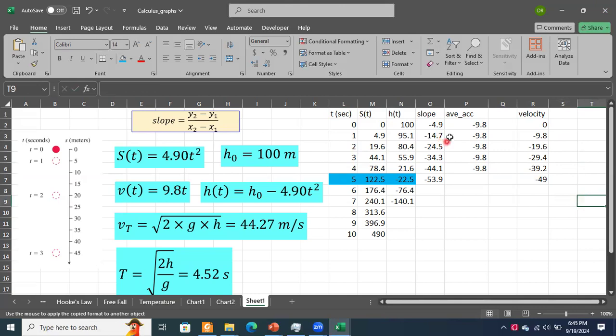Now let's make a comparison between the exact velocity and the average velocity which is available from the slope. Of course, they must not be equal. They can be reasonably close to each other if the time interval is considered very, very small.